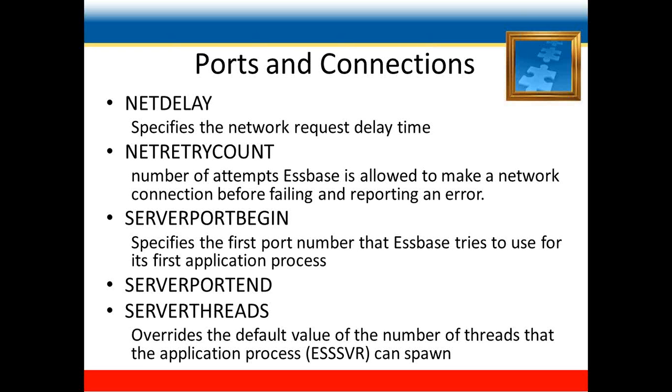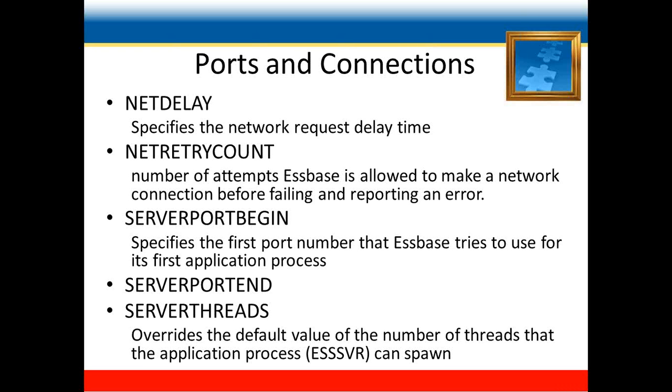Whatever value you provide for net retry count will be used as the number of attempts to connect with the Essbase server. Then you can specify settings such as server port begin.